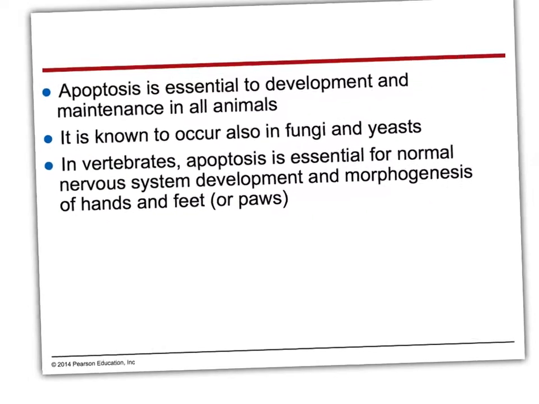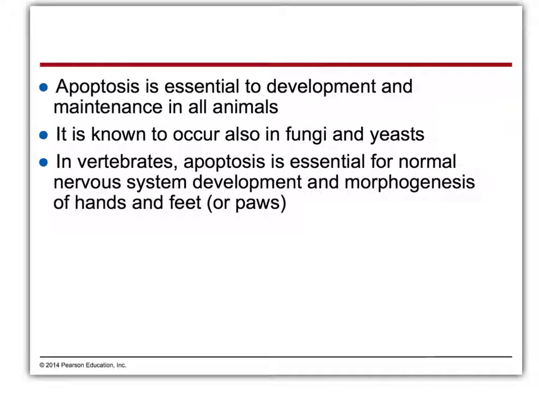This is essential for the development and maintenance of all animals. In development, you'll see that this is important in a lot of different aspects. A tail regressing is one of them. Yes, at one point you all had tails as embryos. And they regress.